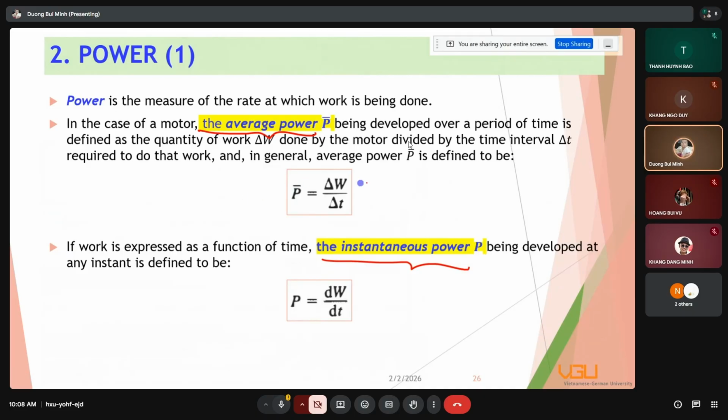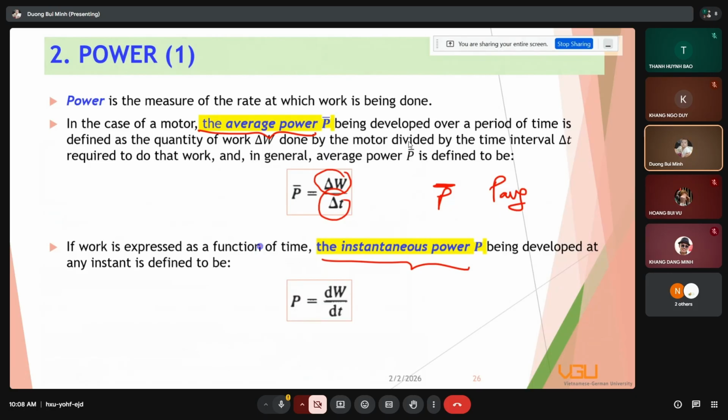For average power, normally we use an overbar, or we write P average, AVG. Average power is the ratio of the change in work and the change in time.